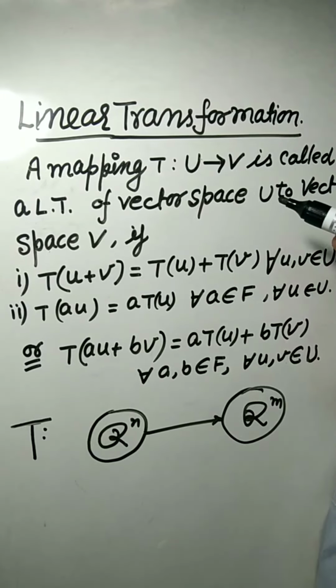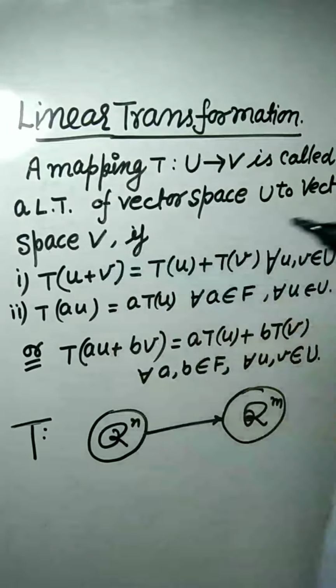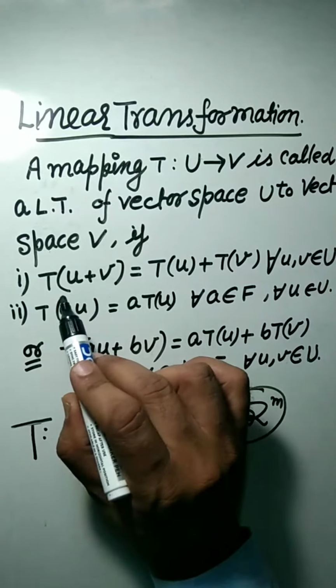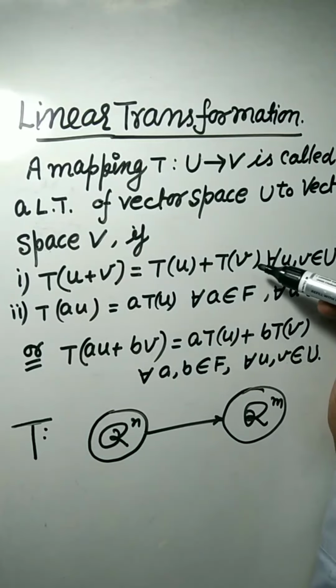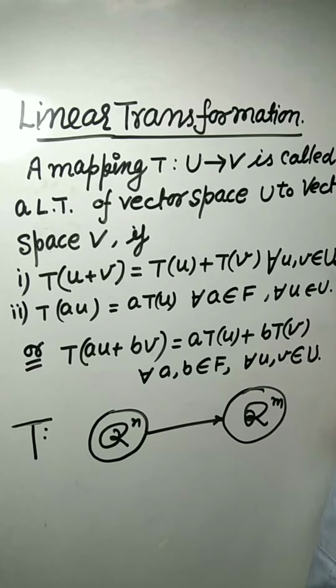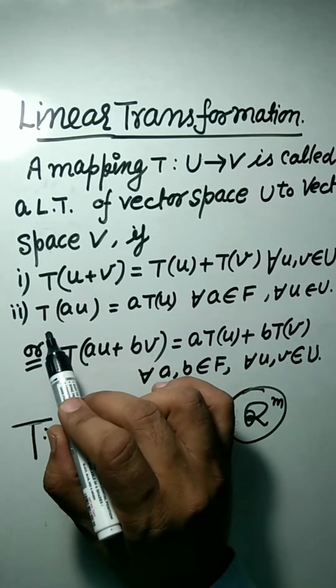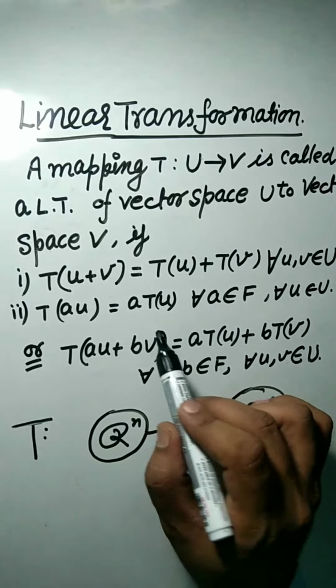A mapping T from vector space U to V is called a linear transformation of vector space U to vector space V if the sum of vectors and applying the transformation gives us this, for all vectors u and v belonging to U. Similarly, for scalar multiplication, applying the transformation gives us this one.